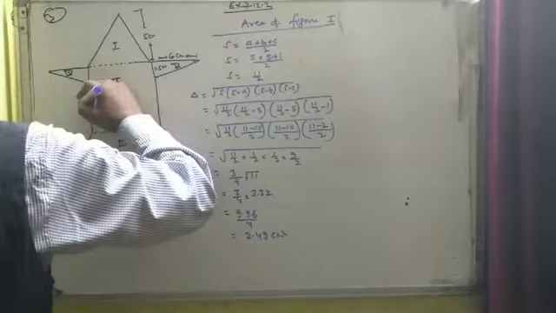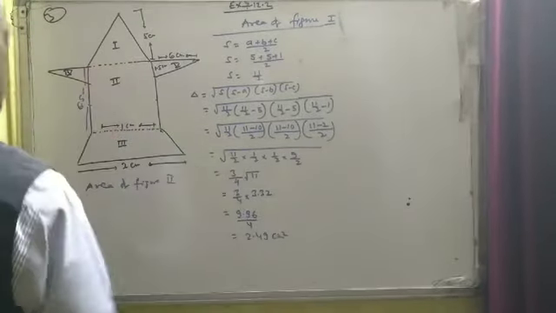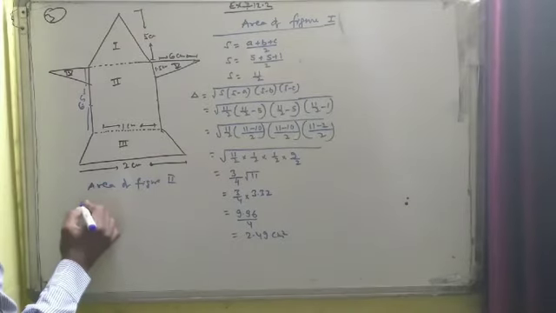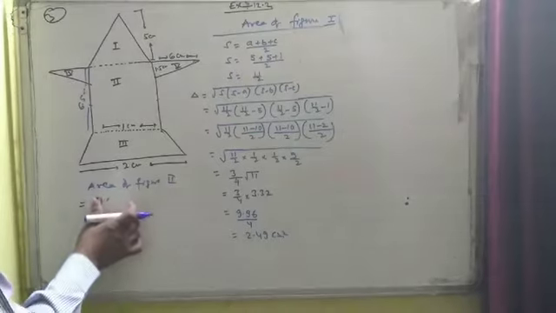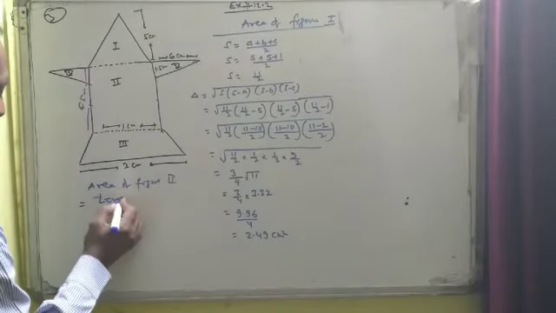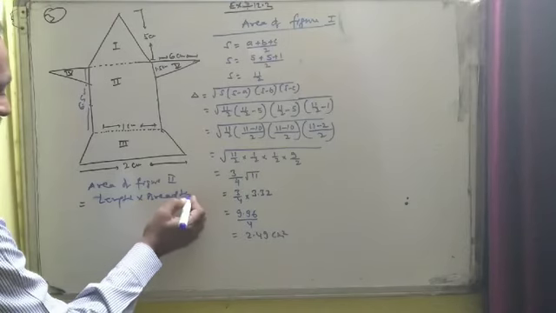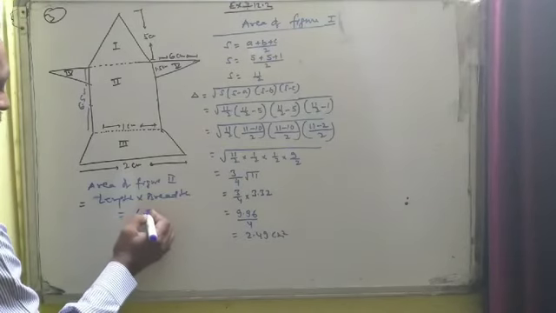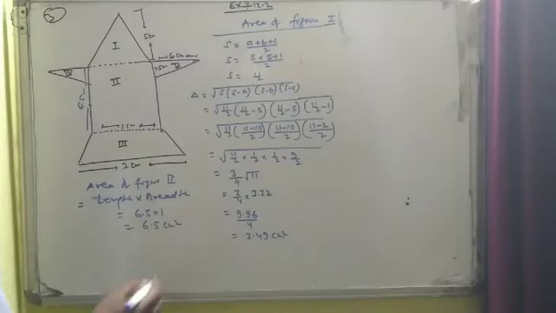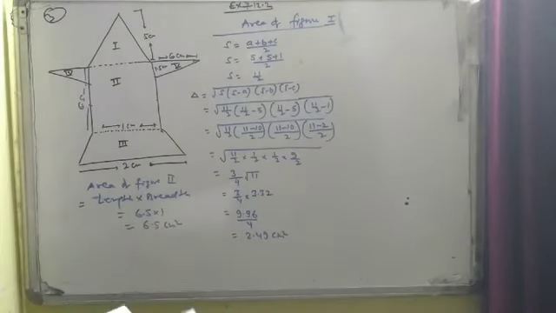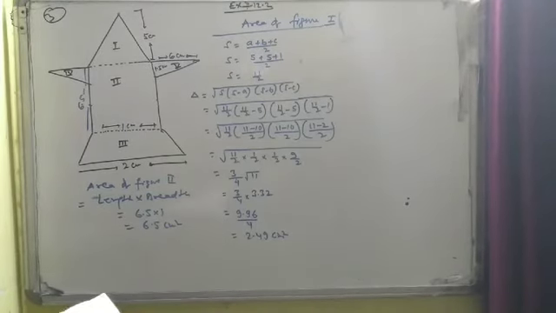Yes, this length is given 6.5 centimeter. So the area of the figure 2 equals length into breadth, and it is 6.5 into 1, that is 6.5 centimeter square. The figure number 2 has been done.